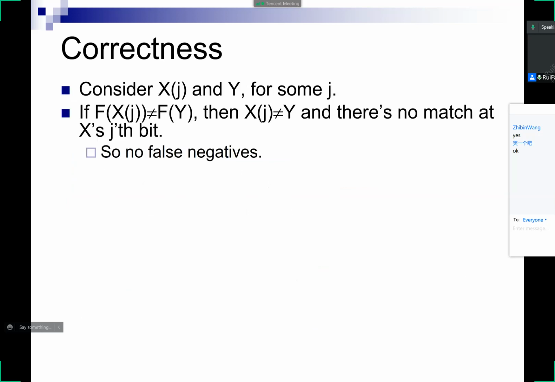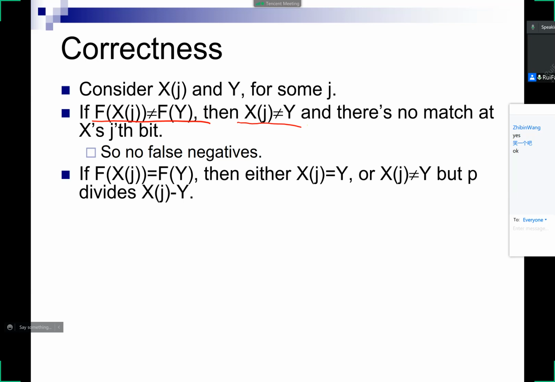First of all, let's look at whether this algorithm runs correctly. Suppose you consider x of j and y for some j. As we said, if the fingerprints do not match, if you have this inequality here, then definitely x of j does not equal y. So therefore you don't have any false negatives.